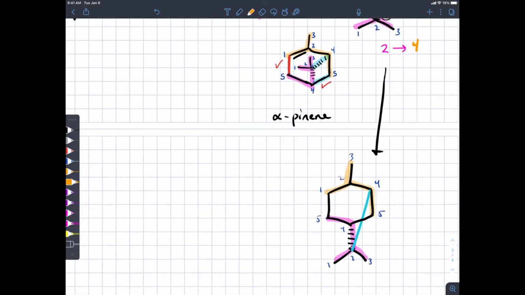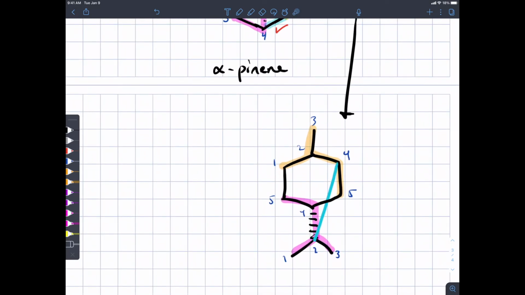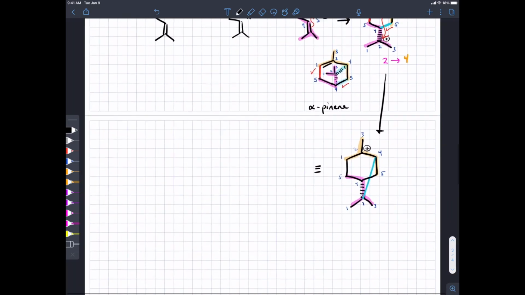All right, so now how do we rationalize this? Well, first, we still have the 6-membered ring, but because of the connection between 4 and 2, we just made a ring that has 1, 2, 3, 4 atoms in it. And we can redraw this. Oh, there would be a positive charge on carbon 2, right? Because the pi bond did the attacking.